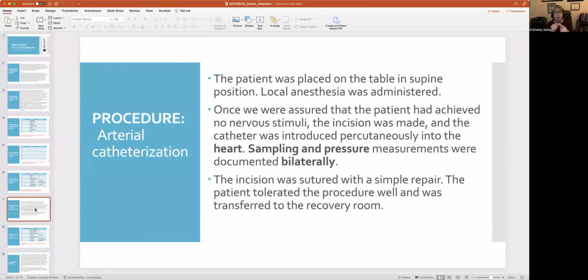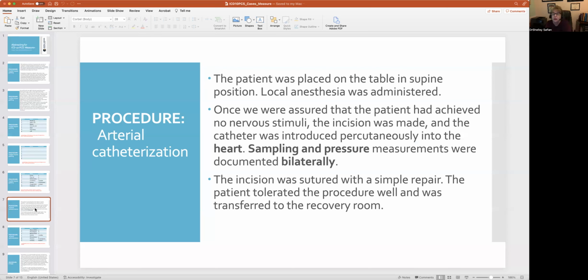And this also underscores the necessity for you to read the entire documentation, short or long, so you understand exactly what's going on, because you weren't there. Okay. So they're going to take sampling and pressure measurements documented bilaterally. So in this case, not right and left of the patient, but bilaterally of the heart.